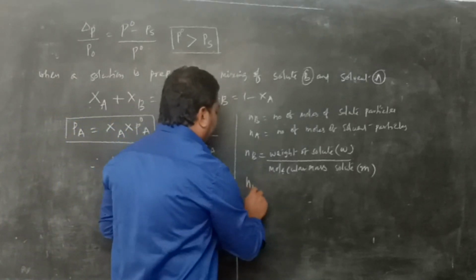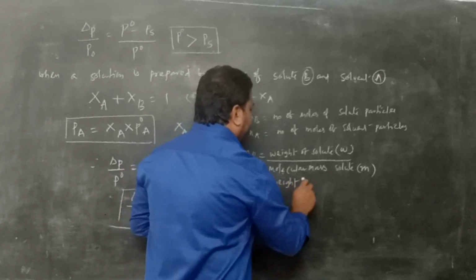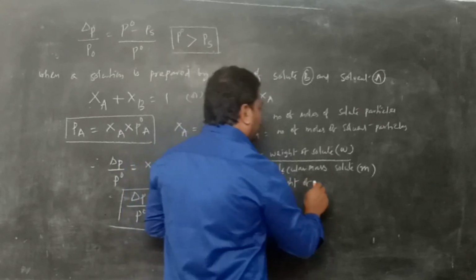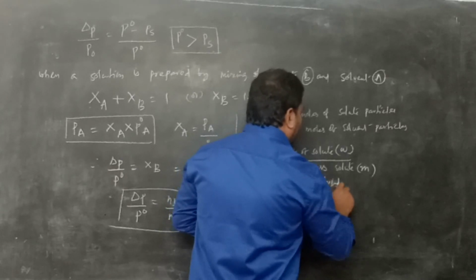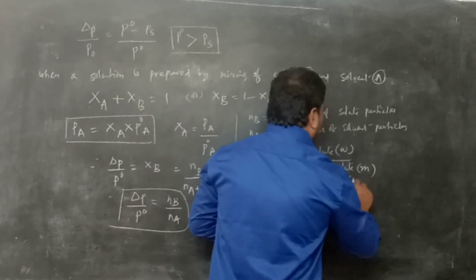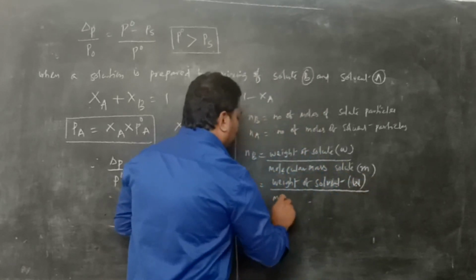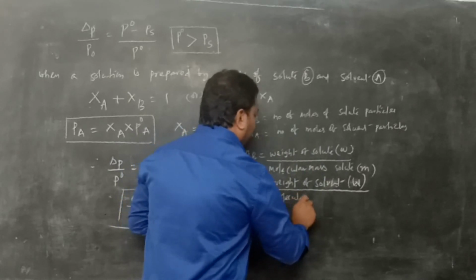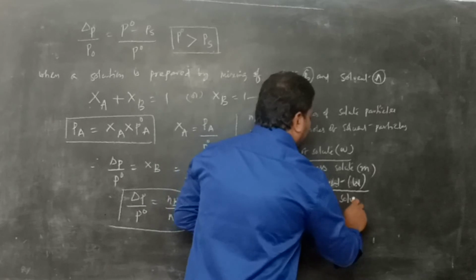So NA is equal to weight of solvent. So we will write in capital letter, students, so that is a capital W, divided by molecular mass of solvent.